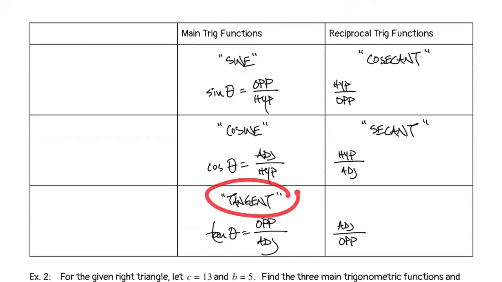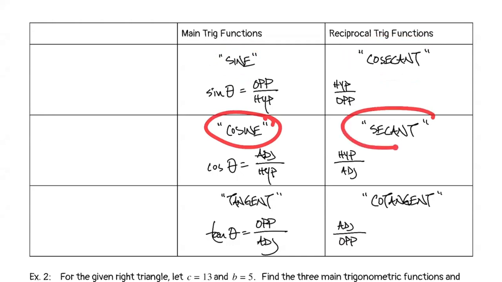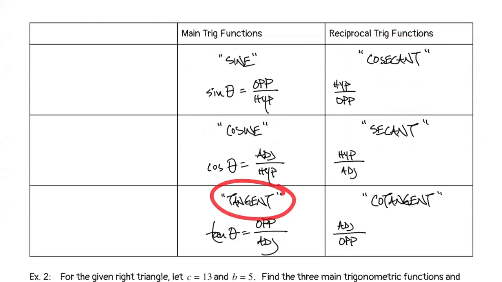And the reciprocal of tangent we call cotangent. Those are just the names we're given. So sine, the reciprocal is cosecant. Cosine, its reciprocal, we named secant. And tangent, that reciprocal, we named cotangent. Okay.